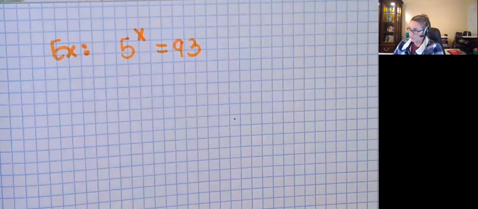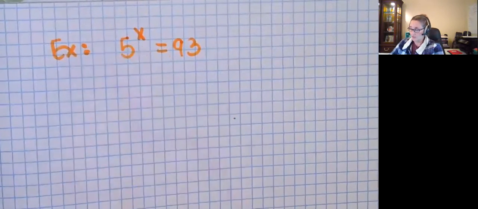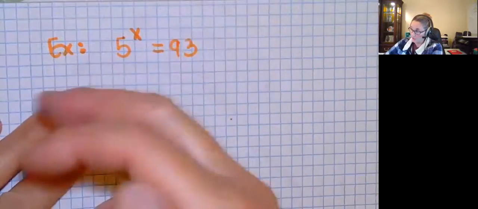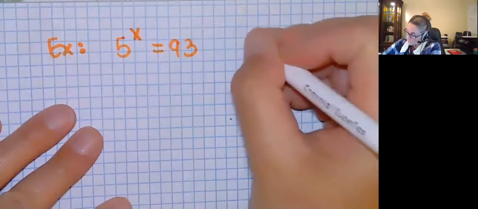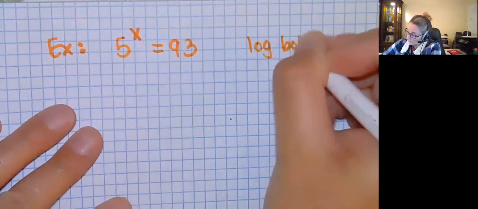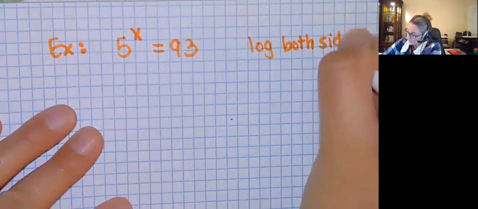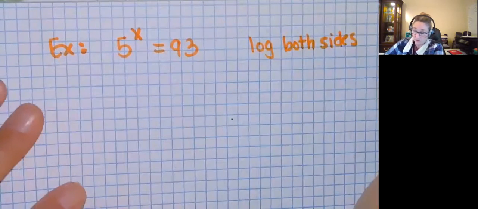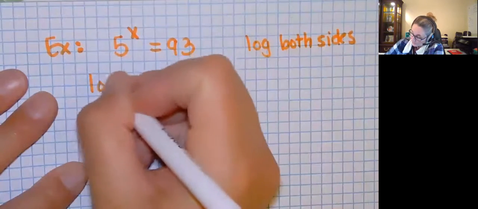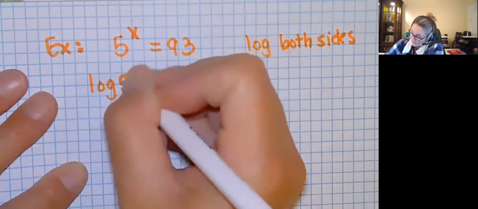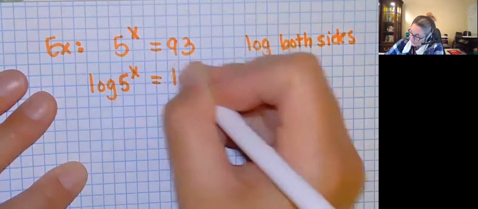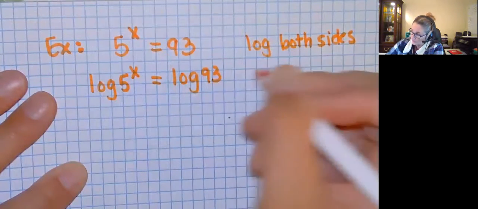So what I'm going to do is to get rid of this x being in the exponent, or to undo an exponential, you're going to log both sides. And to log both sides, you're just going to write the word log in front of them.